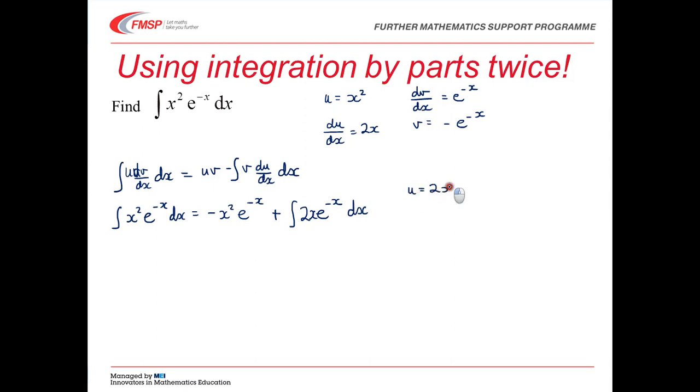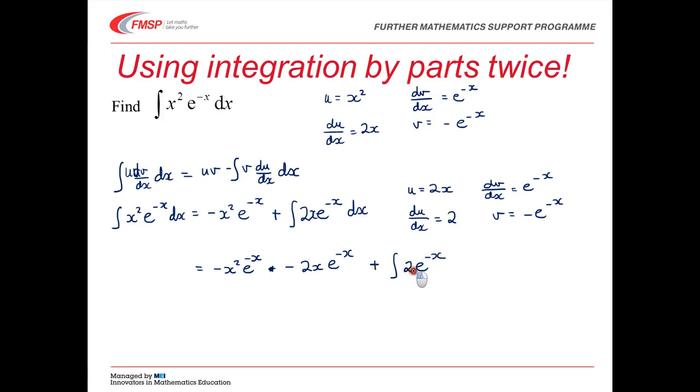This time u is 2x, dv by dx is e to the minus x again. This time du by dx is just 2, and v is minus e to the minus x again. So minus x squared e to the minus x plus uv for my second version, so actually that's minus 2x e to the minus x, minus integral of v, so that minus cancels again, e to the minus x times du by dx, which is 2.